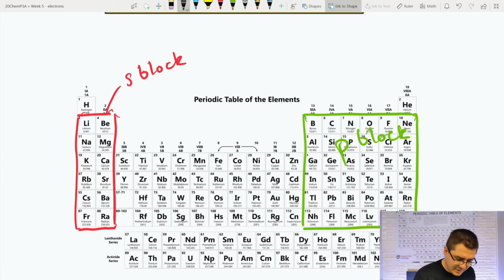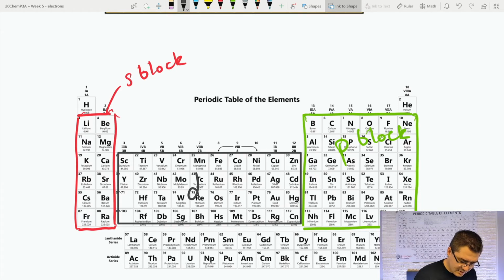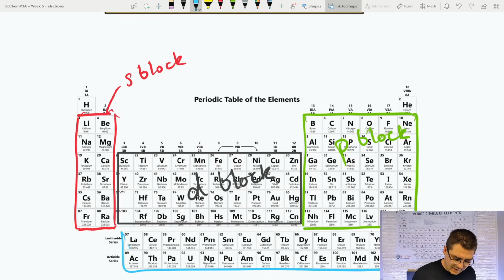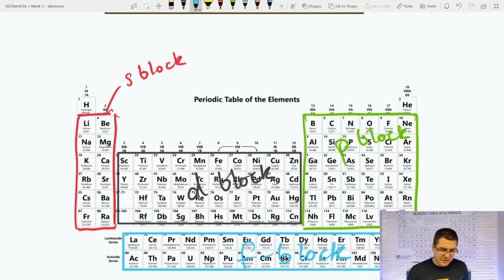The transition metals are known as the D block, and the lanthanides and actinides are known as the F block. And so we can use this to predict the electron configurations, or where electrons exist.